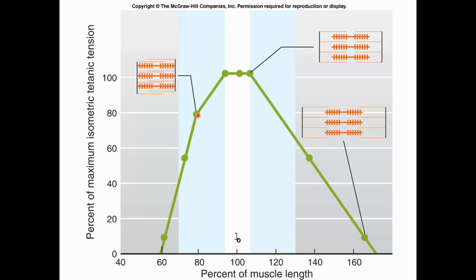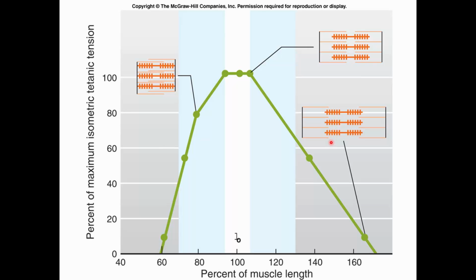So you don't get its best tension because you're so short. You've smushed up your contractile apparatus, and it's disordered. You have a lot of disorder that interferes with your ability to contract. And if you smush it up too badly, you're not going to get any tension. On the other side of this curve, you've stretched it too much.